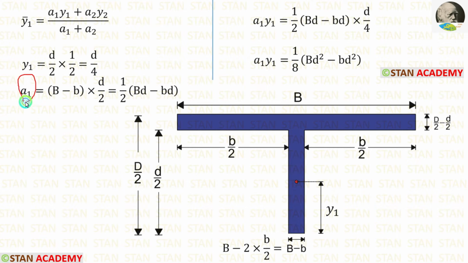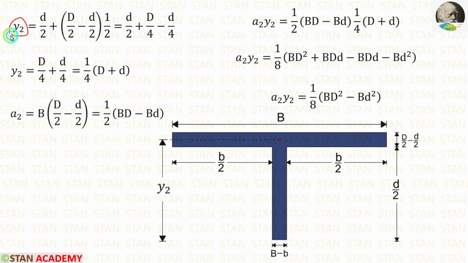Now let us calculate A1. The area will be d by 2 into capital B minus small b. Finally, the area A1 is equal to half into BD minus bd. Now we can calculate A1 Y1. We have to multiply A1 and Y1. After multiplying, we are getting this value.